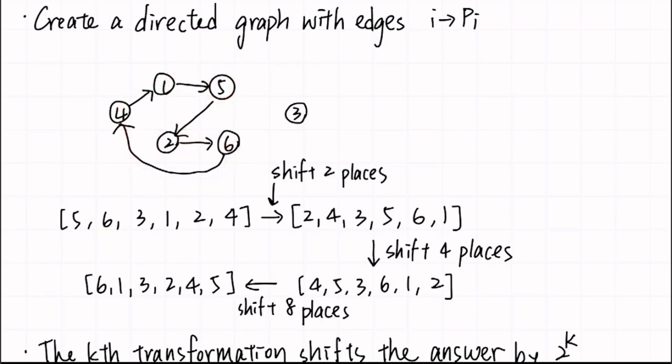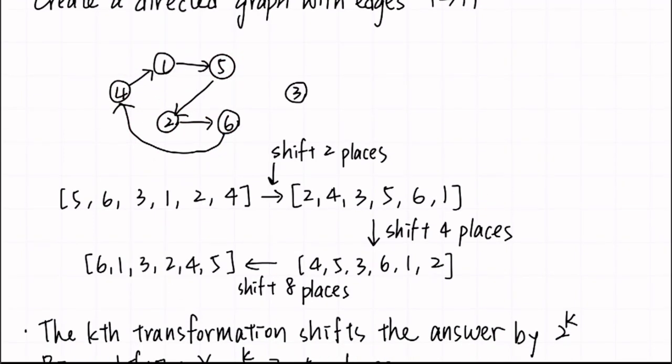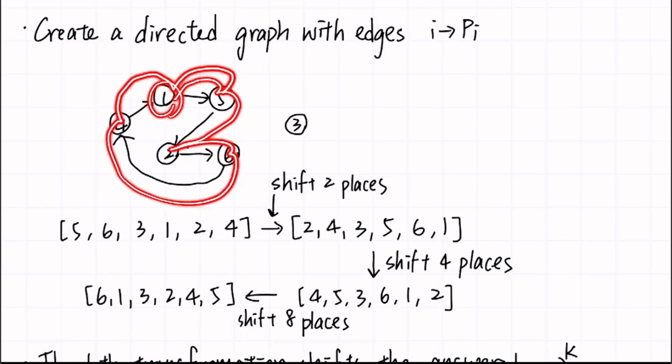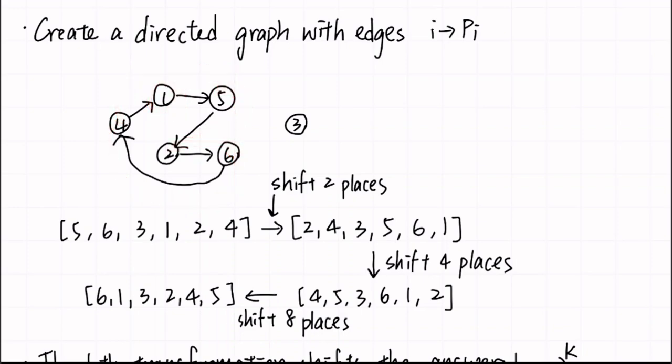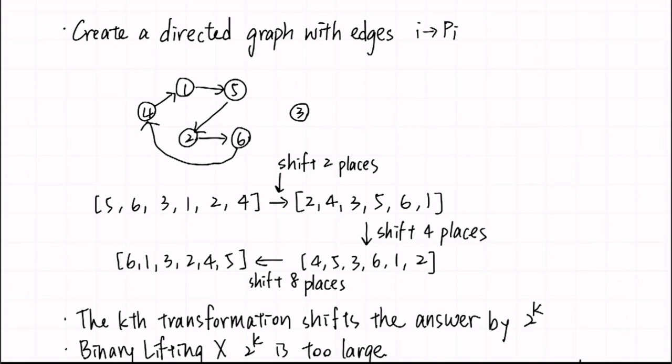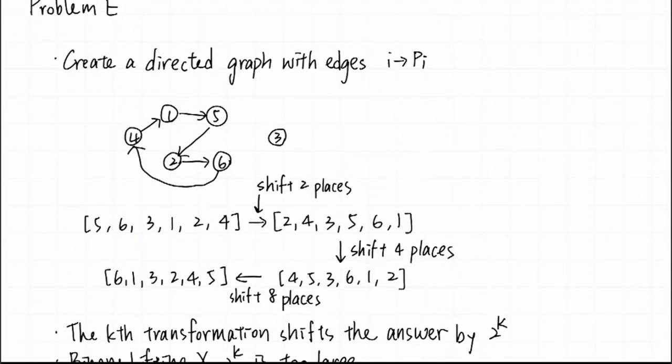And afterwards, for the third transformation, we notice that each of the values shifts by 8 places. So the first location in P becomes 6, which is 8 places away from its original one. So from this observation, we notice that the kth transformation will shift all the answers by 2 to the power of k.